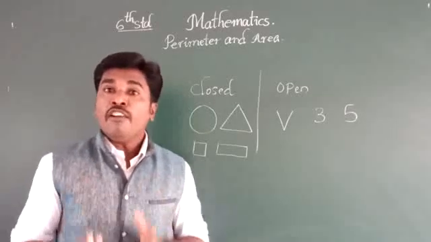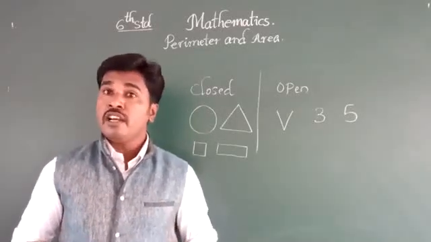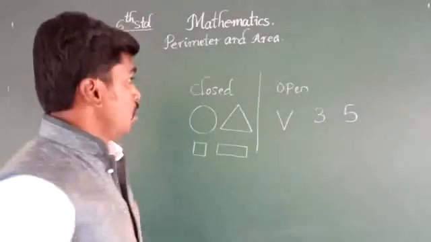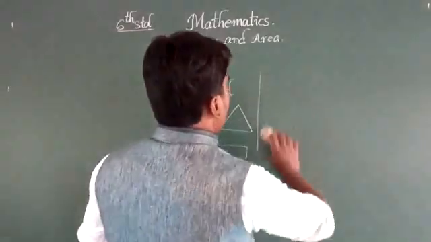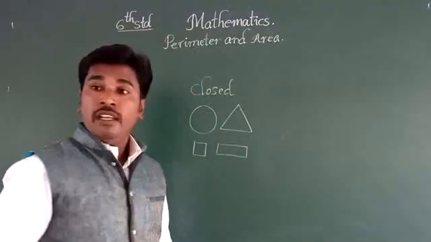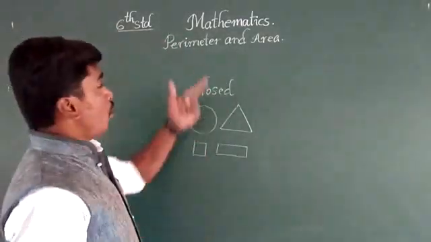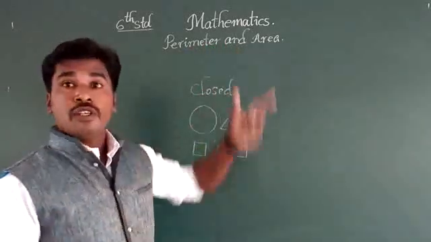In closed figures, you are going to learn about perimeter and area. Dear students, for open figures, you are not going to learn perimeter and area. So you come to closed figures. What is meant by perimeter?